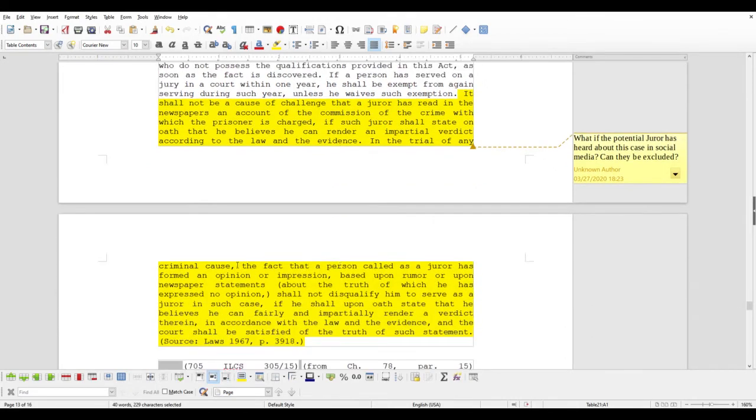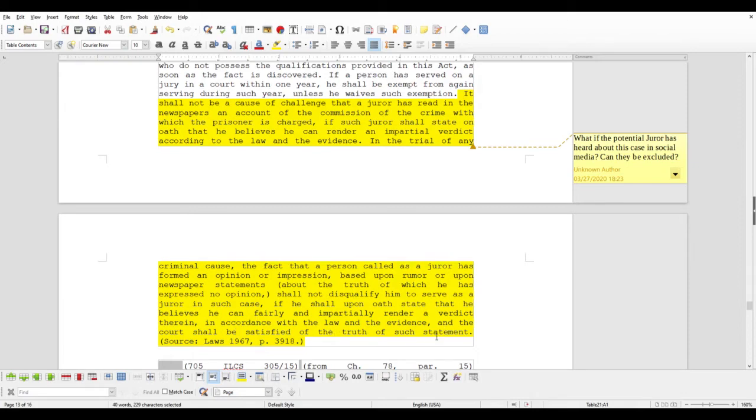In the trial of any criminal cause, the fact that a person called as a juror has formed an opinion or impression based upon rumor, upon a newspaper statement, about the truth of which he has expressed no opinion, shall not disqualify him to serve as a juror in this case, if he shall upon oath state that he believes he can fairly and impartially render a verdict therein in accordance with the law and evidence, and the court shall be satisfied with the truth of such statement.